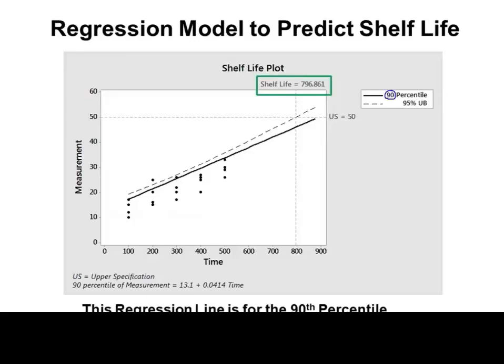So now my regression line has the same slope, but it's shifted up so that it's going through the predicted normal curve such that only 10% is above it. The shelf life has now dropped from like 880 to 797. It's earlier because we're being a little more conservative. We're only going to tolerate 10% of our units to not meet spec with 95% confidence at the shelf life.